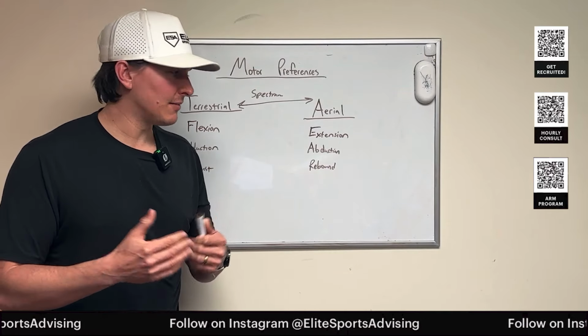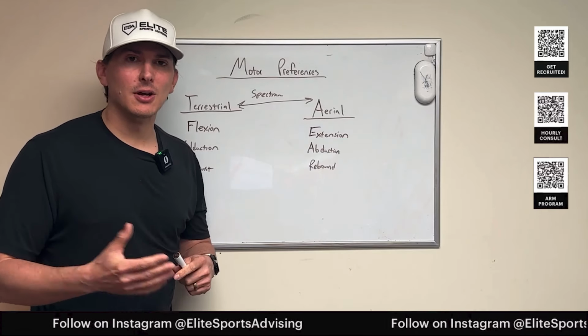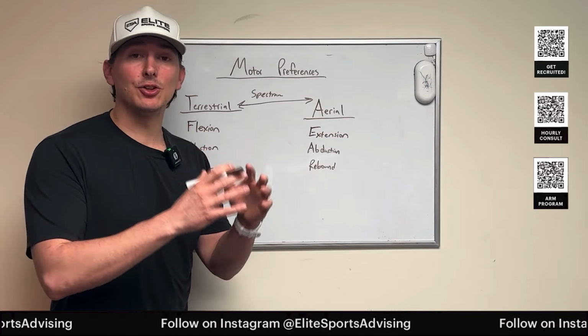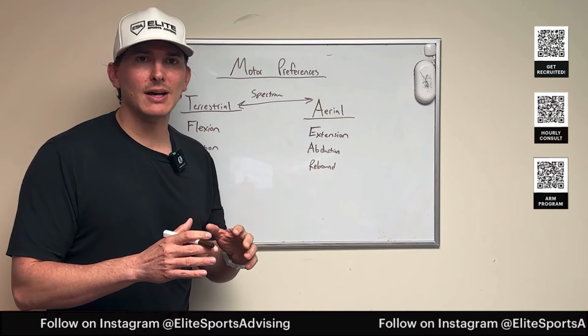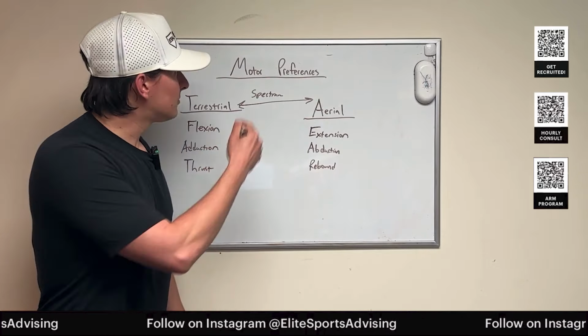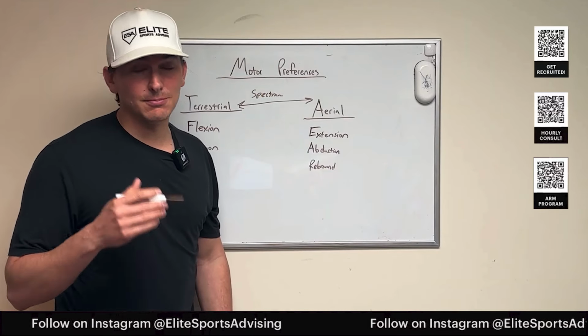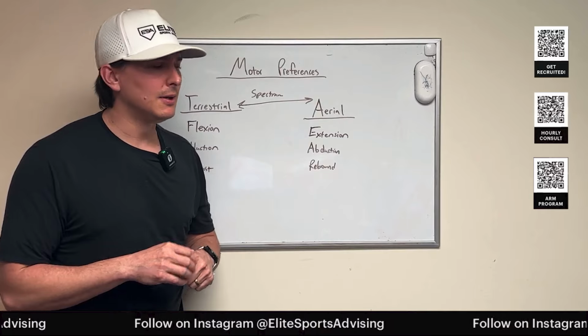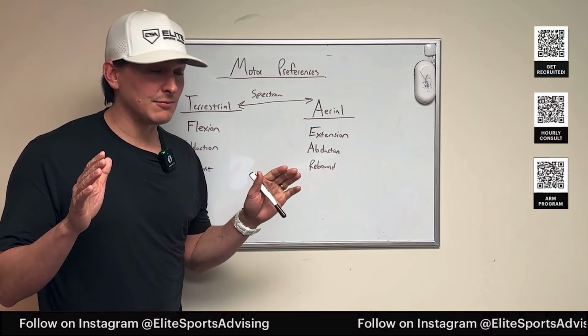I think I'm saying David's last name right. He's French, and Motor Preferences was first developed in Europe, so it's very new in the US and not a lot of people know about it. So if you want to be on the cutting edge, reach out to these guys. I'm serious. They're big on development and everything like that. These guys are going to do a great job, and everything I've seen, I've just loved it.